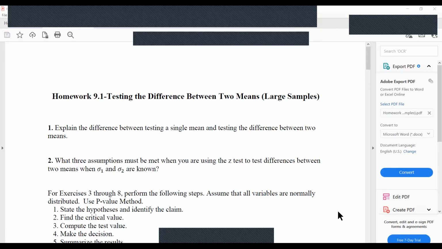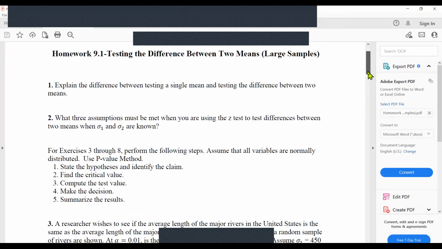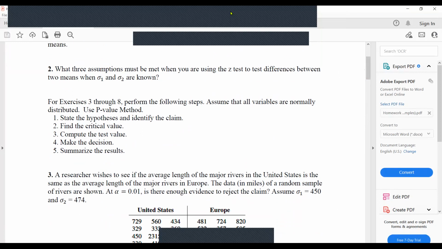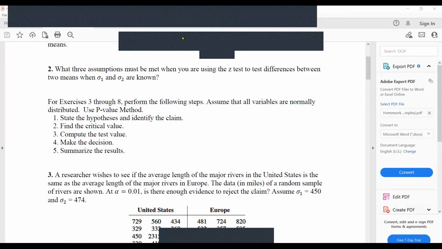It says in exercises 3 through 8, perform the following steps. Again, we're doing the p-value. I asked her to fix this, so it might be fixed by the time you're seeing this, but she wrote the steps for the traditional approach.